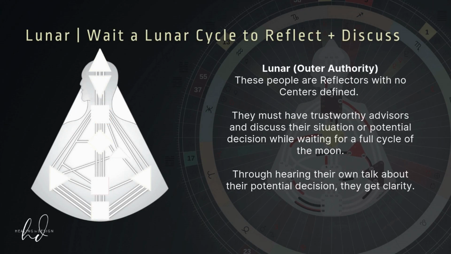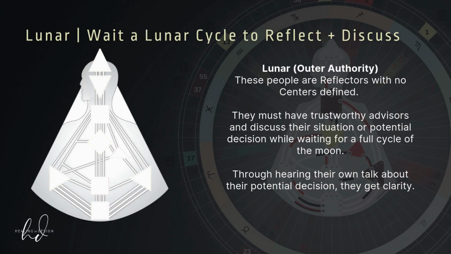Lunar authority. Your decision tool is the lunar cycle. As a reflector, your type is unique, a kind of barometer that recognizes the energetic health of your surroundings. An innate sensitivity gives you the ability to evaluate what is happening energetically in your environment.